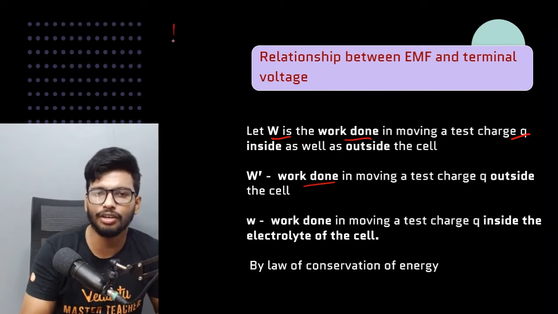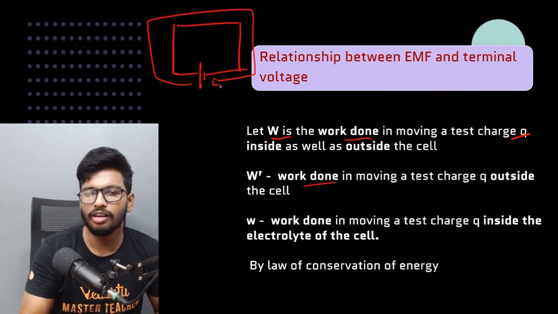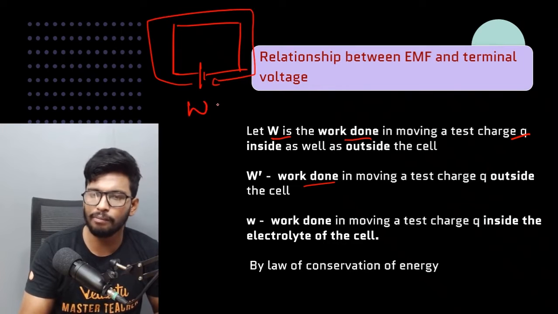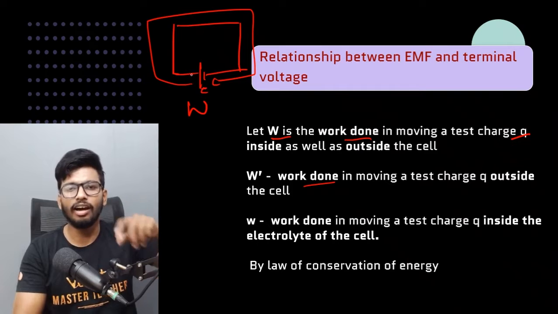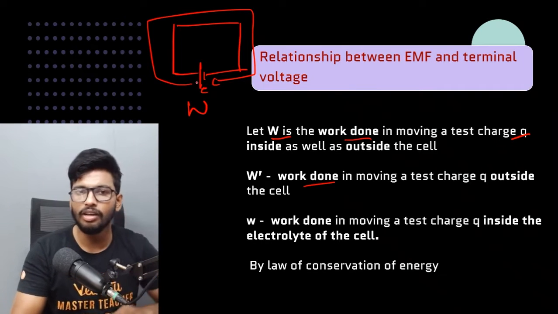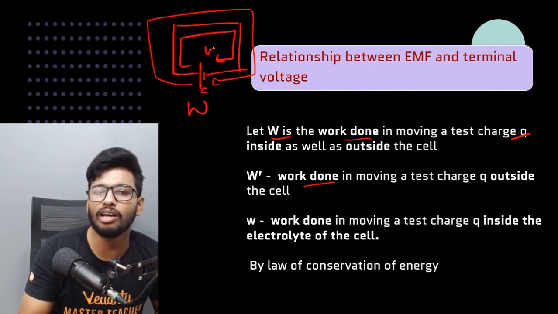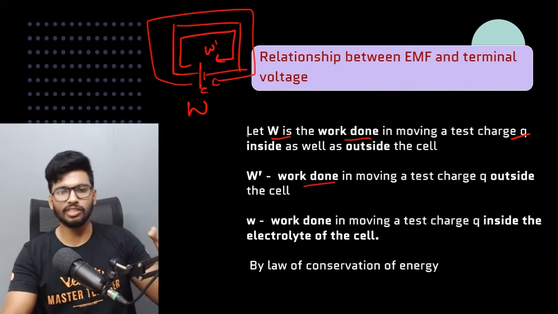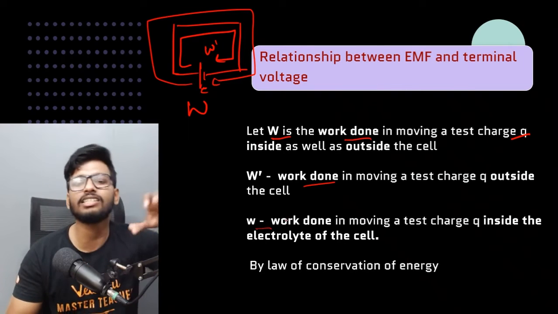Alright, so if I have a very simple circuit, the total work done to move from one point to another, I'm going to call it capital W. Throughout the cell and throughout the circuit there is some work done. The work done only outside, I will call W dash, which is the work done outside the cell, and small w is the work done inside the cell.